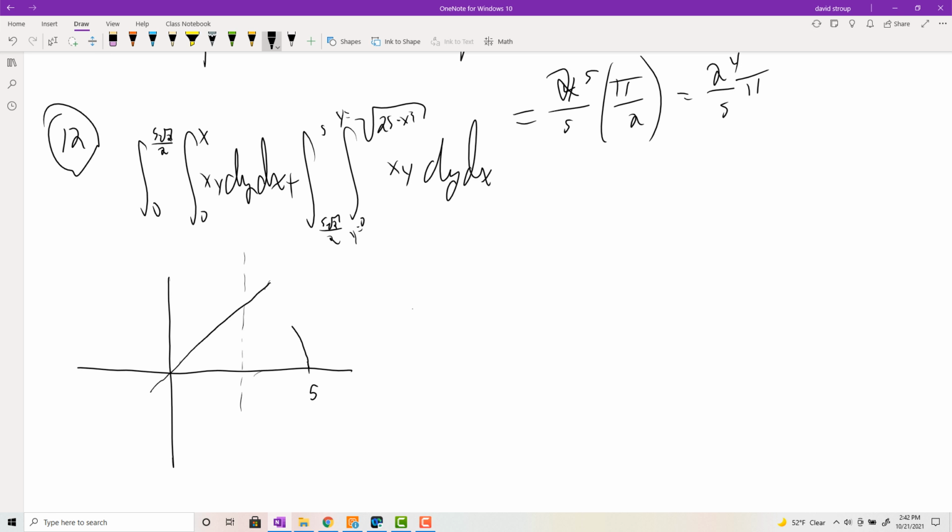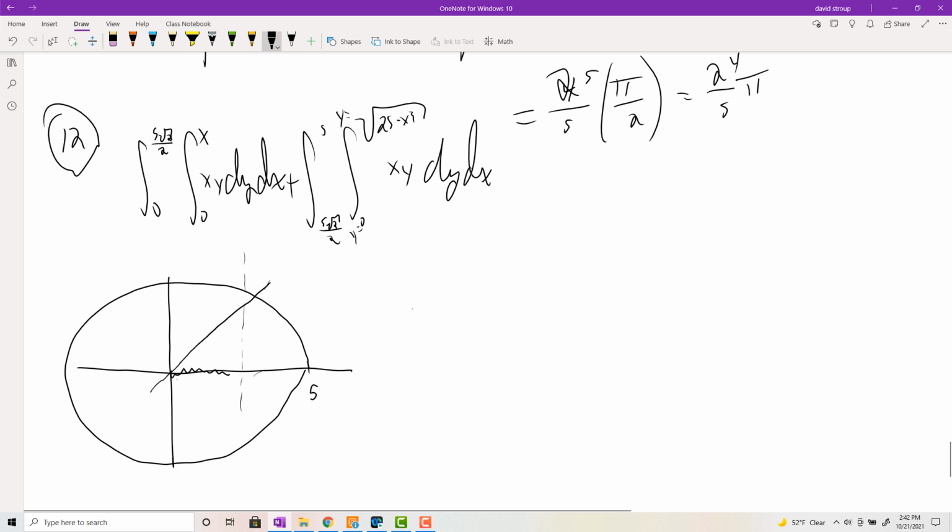So that's going to be kind of like this. Okay, so ultimately I'm going from y equals 0 to y equals x. And then the second integral, again, is going from y equals 0 to y equals square root of 25 minus x squared, which is this circle right here.